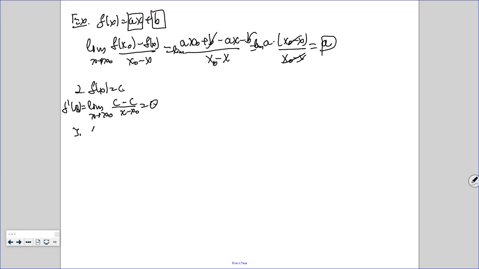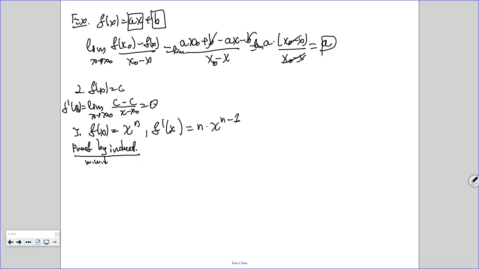Let's do one more interesting example and find the derivative of x^n. What we want to prove is that this is equal to n times x^(n minus 1). The proof is by induction. Remember that to have a proof by induction, we need to do 3 steps. First, we want to show that this holds for n equal to 1.